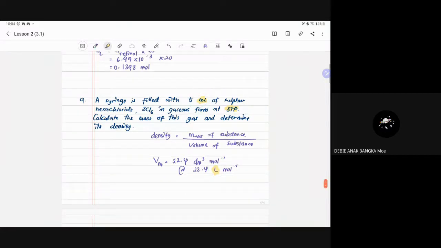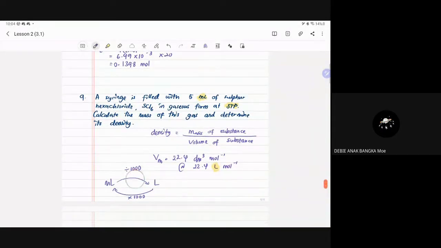Dia punya cara nak tukar ml kepada liter, ml kepada liter kita bahagikan dengan 1000. Liter kepada ml kita darabkan dengan 1000. Okay. So itu adalah cara dia.